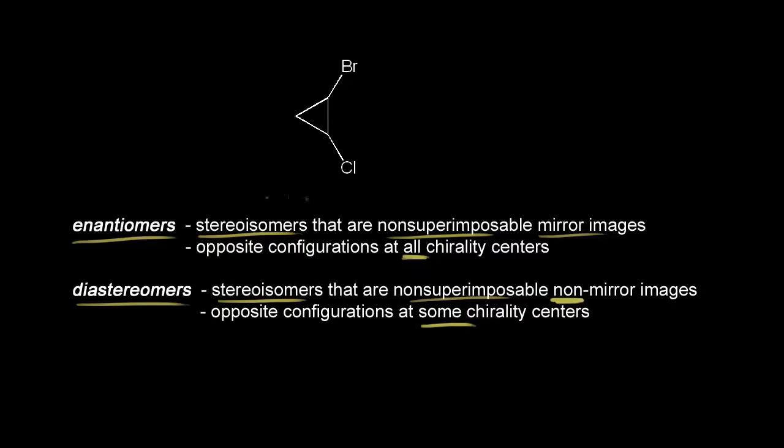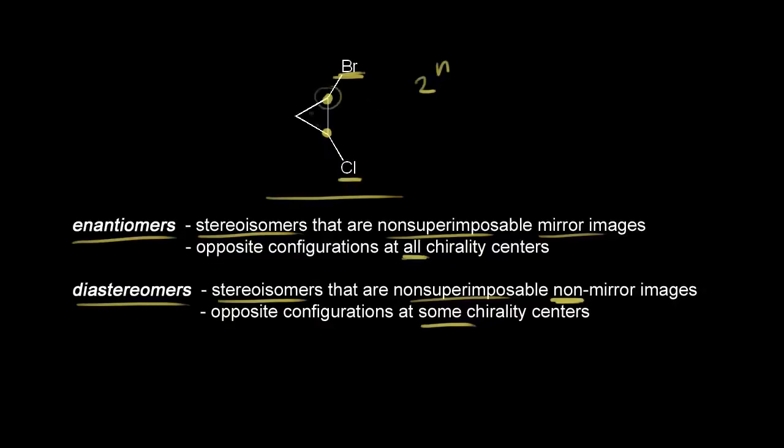If we look at this compound up here, we have a cyclopropane ring with a bromine coming off and a chlorine coming off. We know from earlier videos that there are two chirality centers. So this carbon is a chiral center and so is this one. The total number of stereoisomers is 2 to the n, where n is equal to the number of chiral centers.